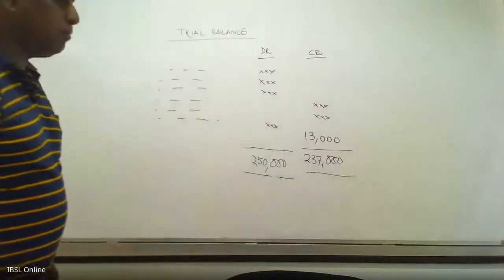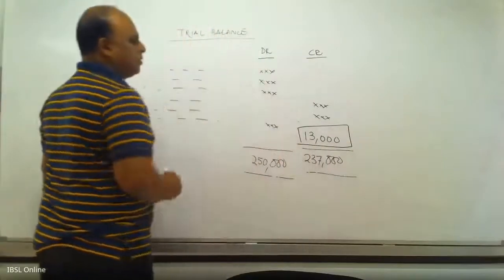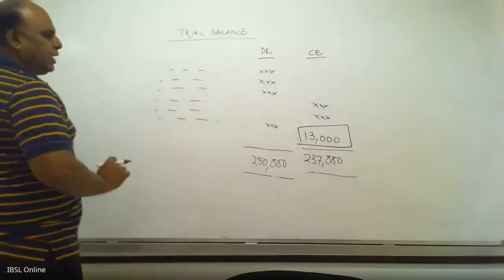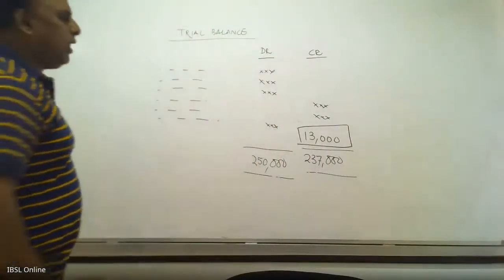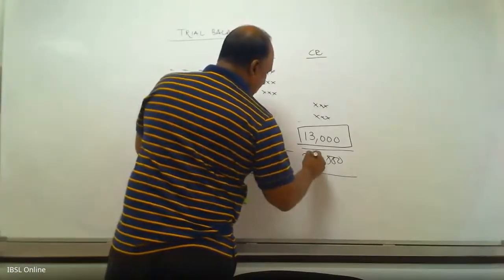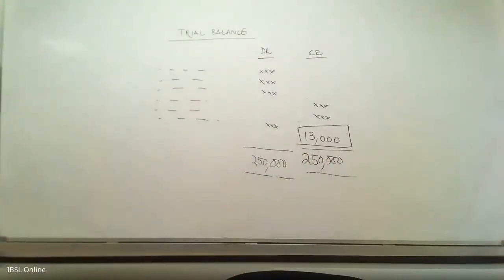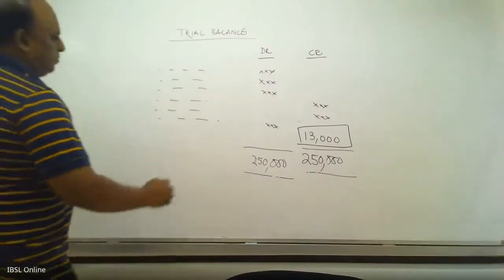This is a number that I have brought in. So now the trial balance will balance. Forcefully, I have made it 250,000.